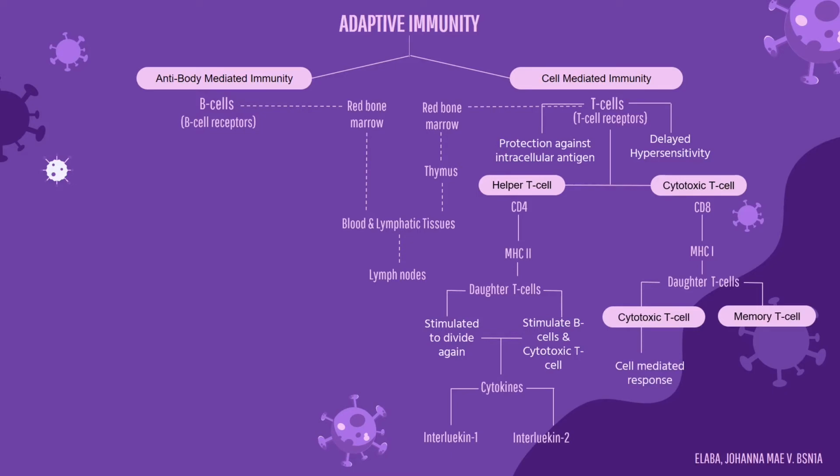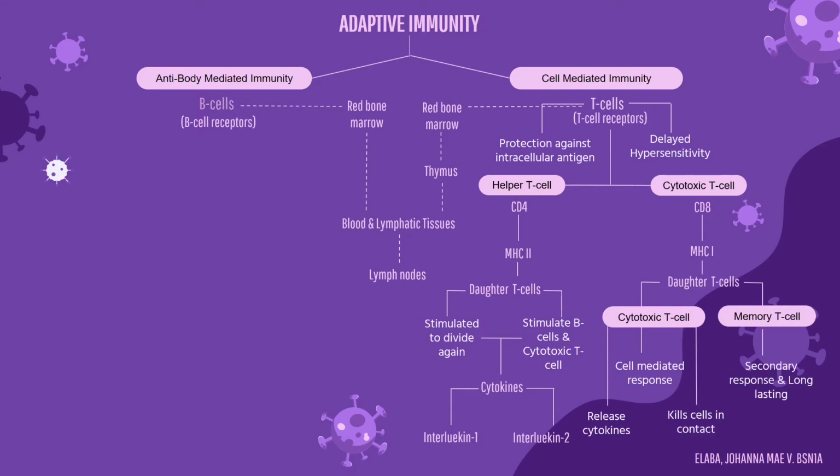The cytotoxic T cell is the primary response in the cell-mediated immunity, while the memory T cell is a secondary response and is long-lasting. The cytotoxic T cell can release cytokines and it kills cells on contact.